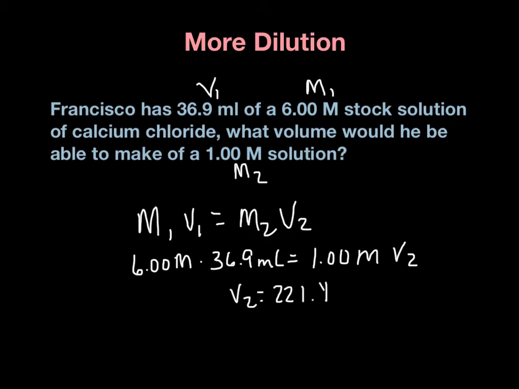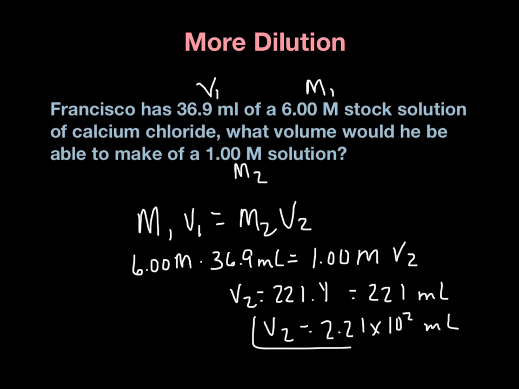I check my sig figs. This has 3 sig figs because of the decimal. This has 3 sig figs. That has 3 sig figs. So I want this in 3 sig figs, which would be 221 milliliters, or 2.21 times 10 to the second milliliters. That's my V2. Put a box around that.